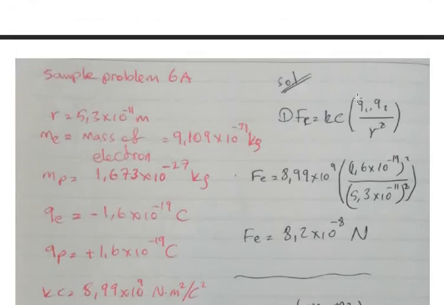The first part, we want to find Fe. Fe is the electrical force, which is equal to Kc times Q1 times Q2 over R square. Now both Q's have the same value, so we can do it like that, 1.6 times 10 to the power minus 19 square.